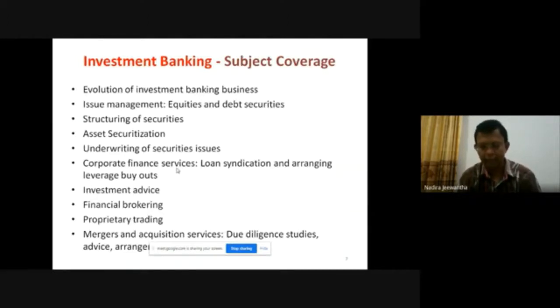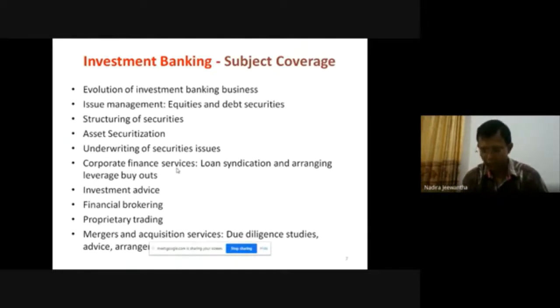We also discussed some current issues with regard to the Sri Lankan banking industry and the Sri Lankan and world economy. The important thing is the syllabus contents which we have to learn in the coming weeks for your exam.